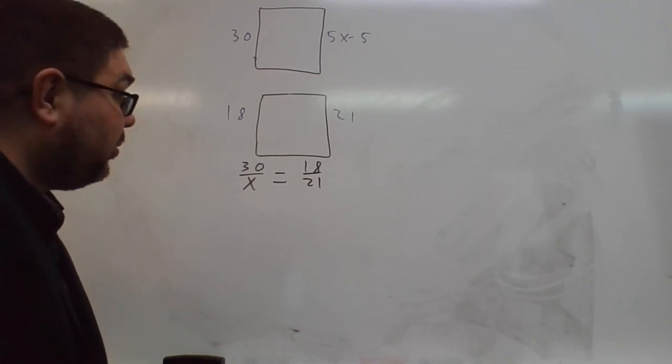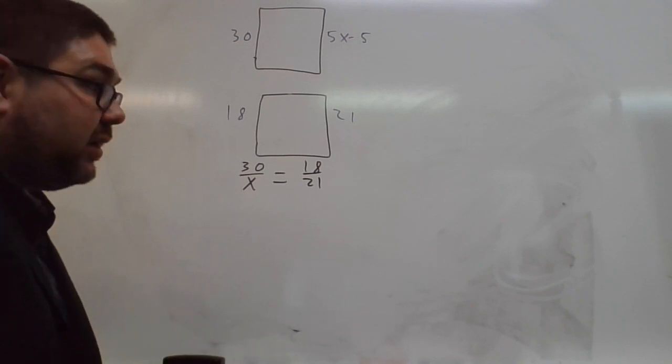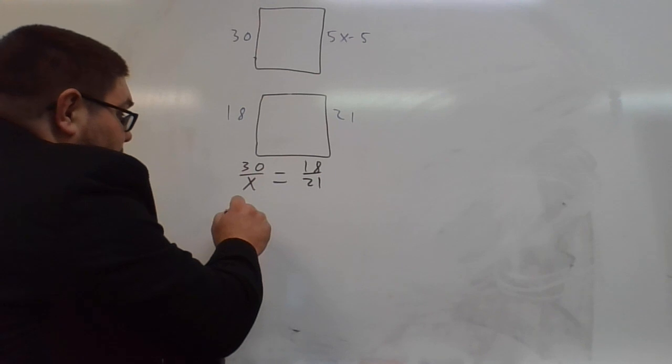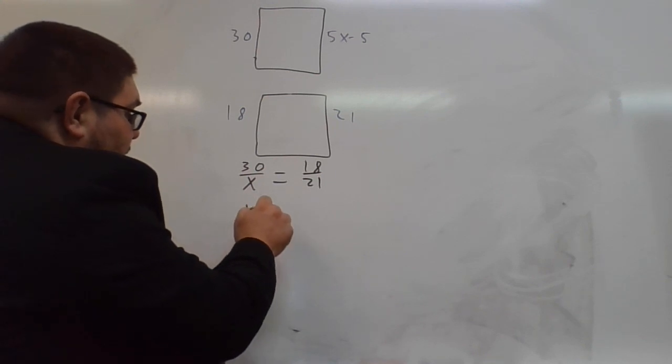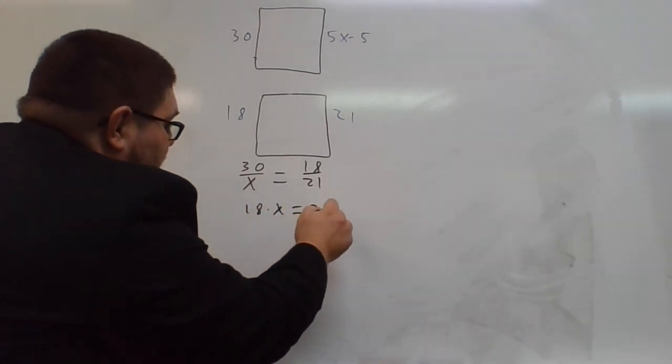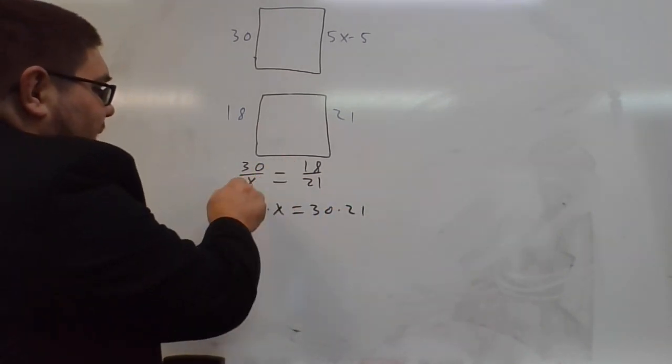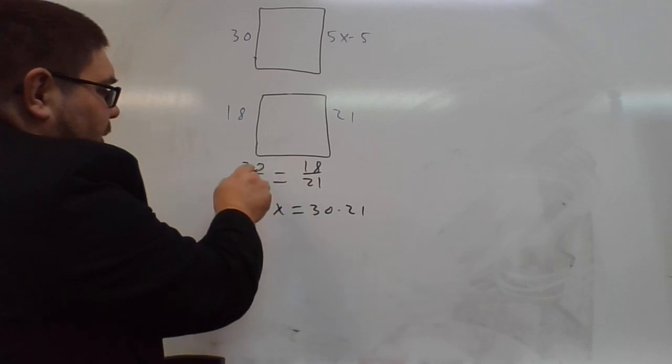You could multiply both sides by 30 divided by 18. But just like in the previous video, I'm going to not do it that way. I'm going to do 18 times x equals 21 times 30.